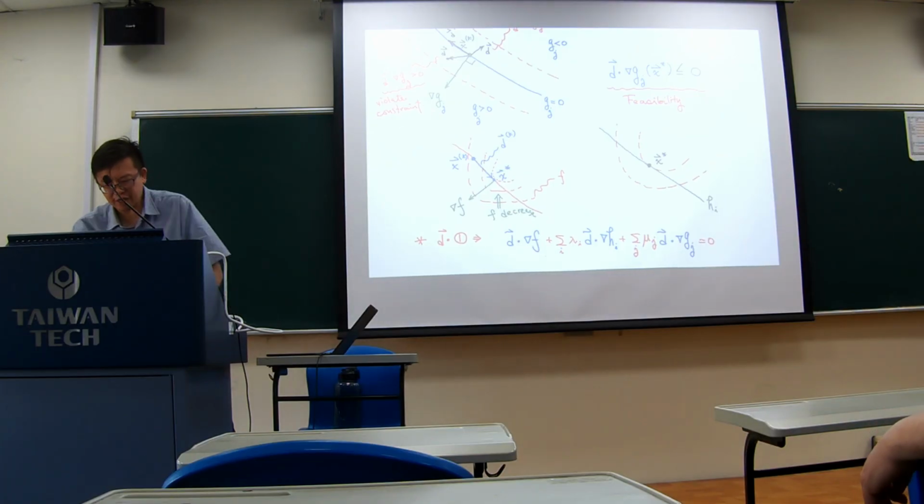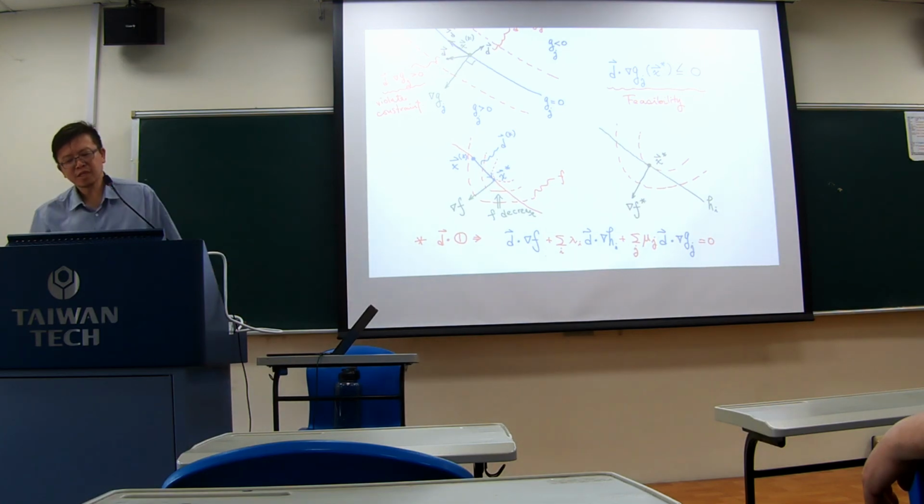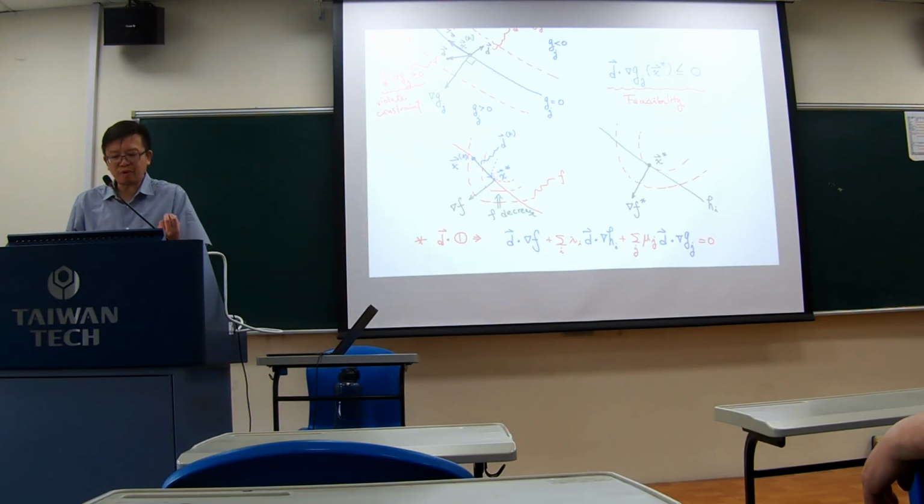If you are not sure whether that point is optimal, and let's say you try to move away from the optimal, you may have d movement this way, or this way, or this way.